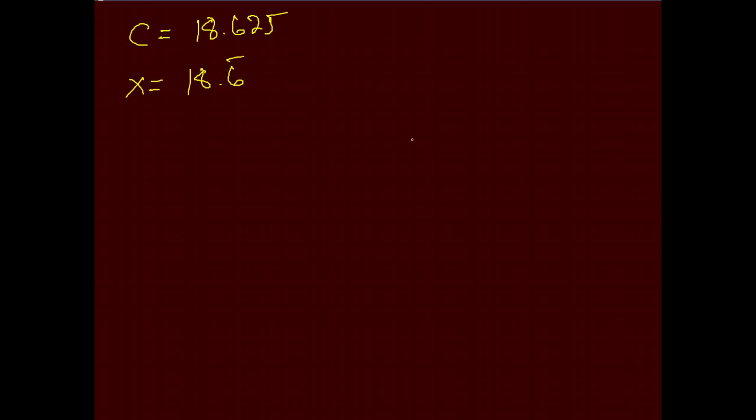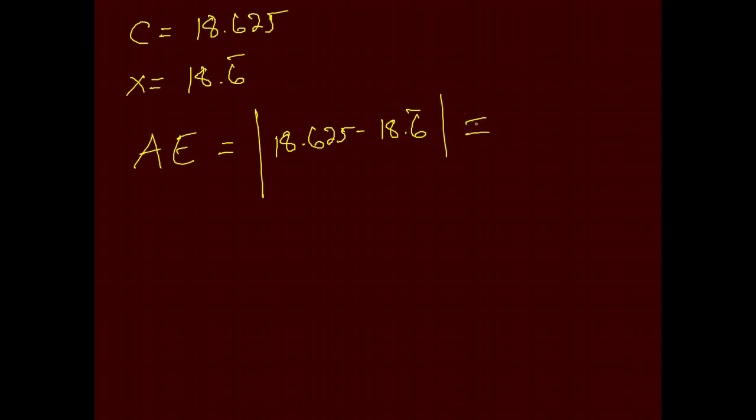Okay, so let's find the absolute error. The absolute error is equal to the absolute value of 18.625 minus 18.6 repeating, which is approximately 0.042. So this is our absolute error.